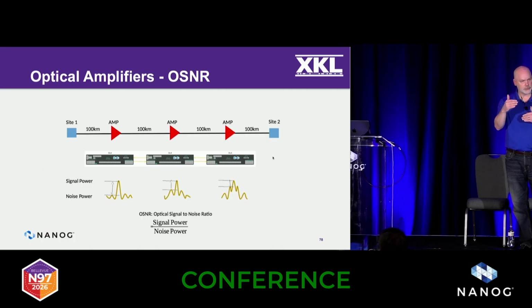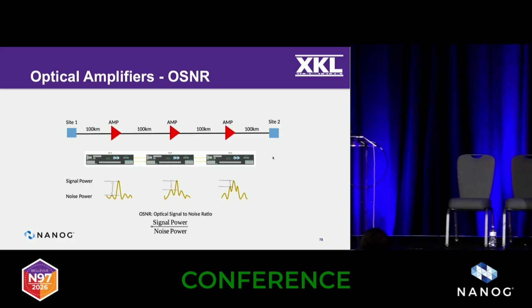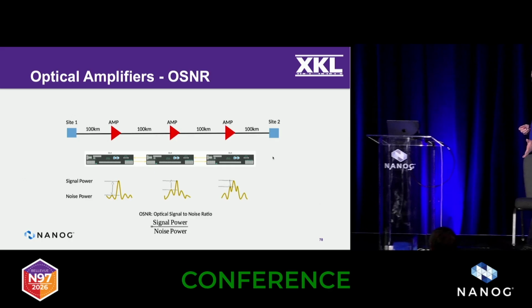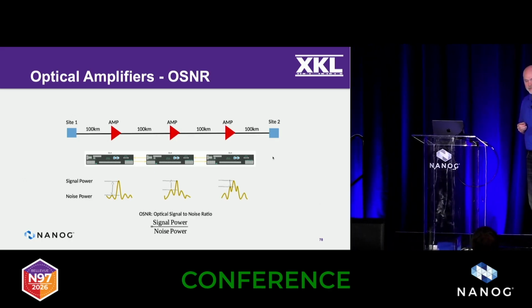So I have this ratio of signal power to noise power. That's the key parameter. So when you look at your 400 gig pluggables, they're going to have an OSNR spec, and they're going to report the OSNR. That's the optical signal to noise ratio. That's this ratio right here. As I go through the next stage, I've amplified my signal at the first stage, and now I'm going through another 100 clicks.